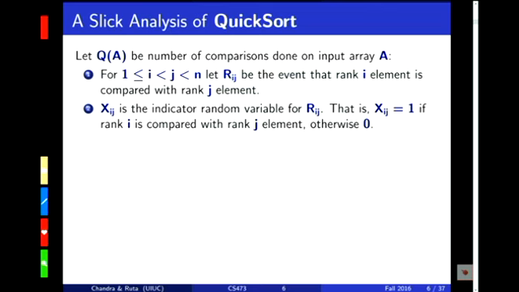Now in the first round, when I pick the first element and find all the smaller and all the bigger elements, how many comparisons am I doing? n comparisons at most, right? Actually n minus 1, it doesn't matter.